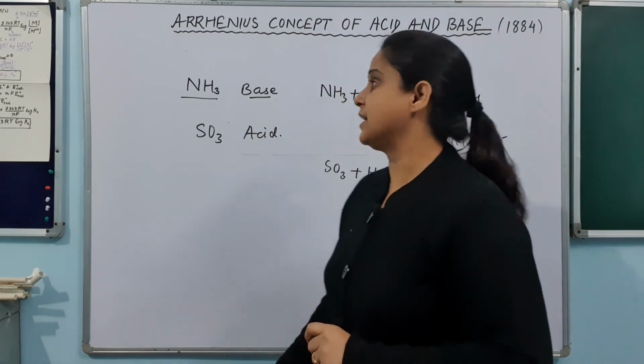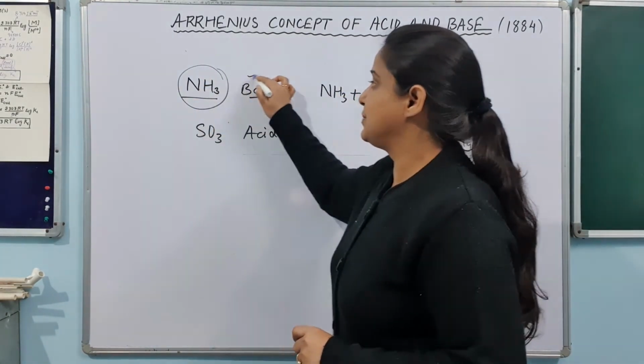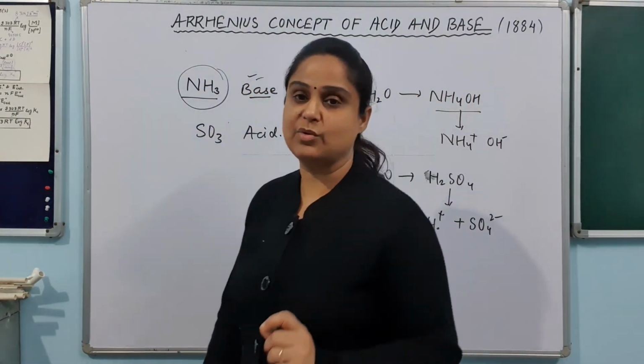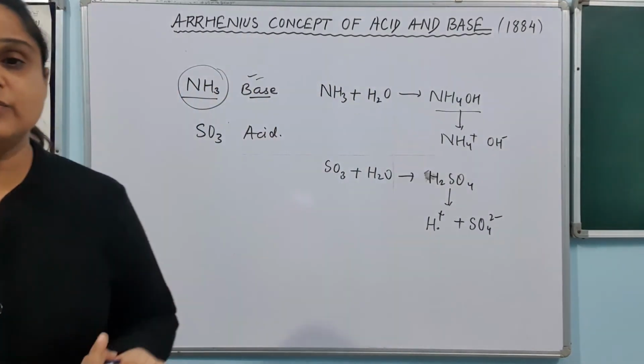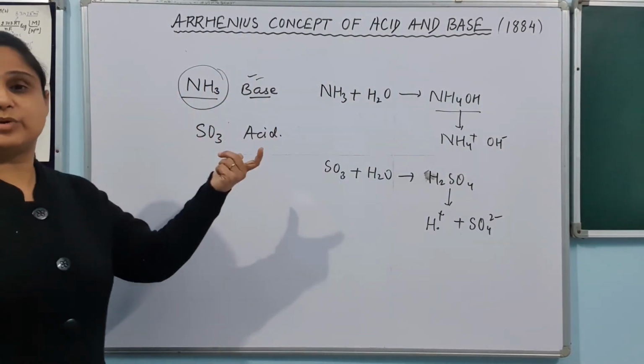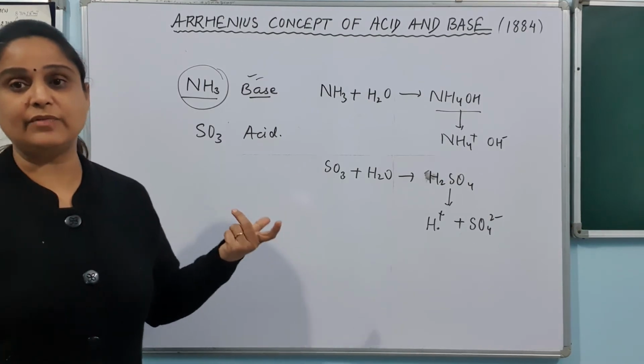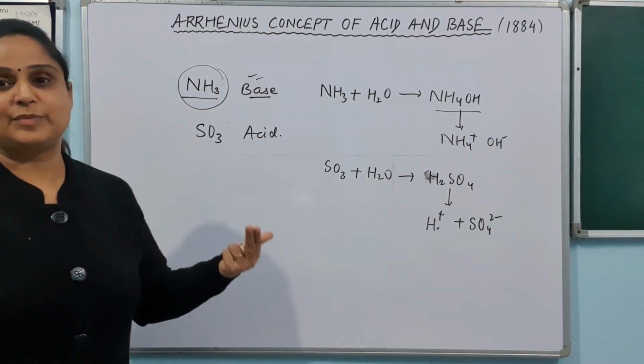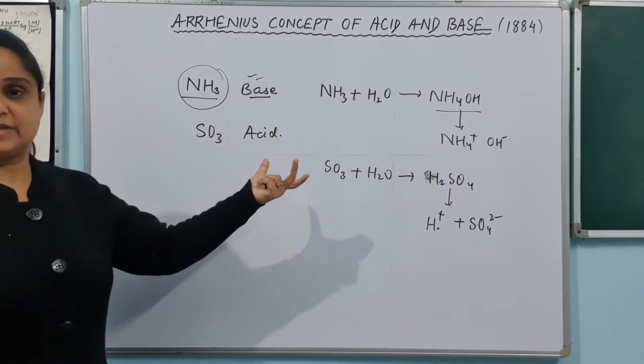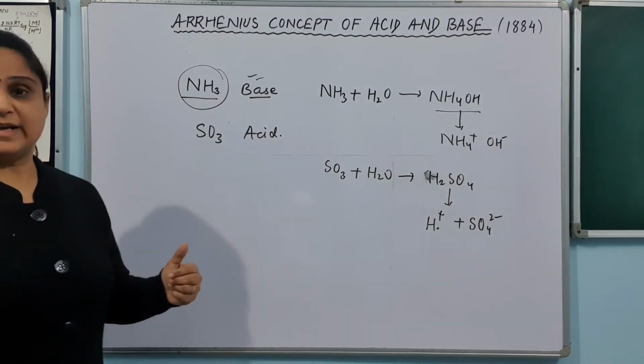But the problem is that ammonia can work as a base even in the absence of water. Then how are we going to explain the basic nature of ammonia? That cannot be explained by this particular concept of acid and base.